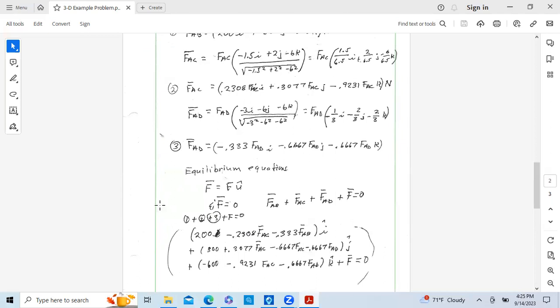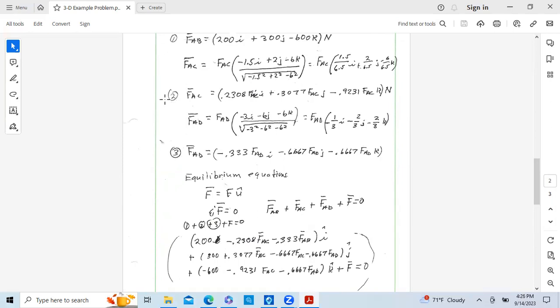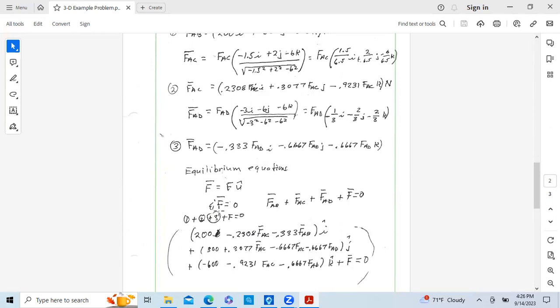Equation 1, which we developed, equation 2, which we developed, plus equation 3, which we developed, plus the F. We haven't included that yet, equal to 0. And what that means is the vector quantities AB, AC, and AD plus vector quantity F equals 0.